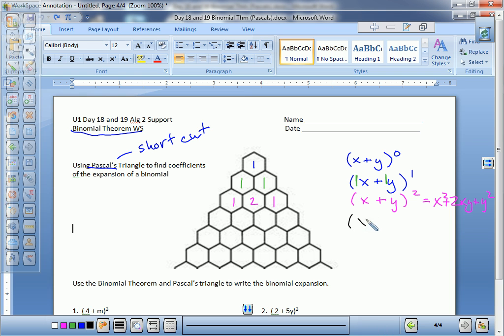Now the next row would be if we were to cube it. What would those coefficients look like? Well, it would be 1, 3, 3, 1. And then the next one is 1, 4, 6, 4, 1.